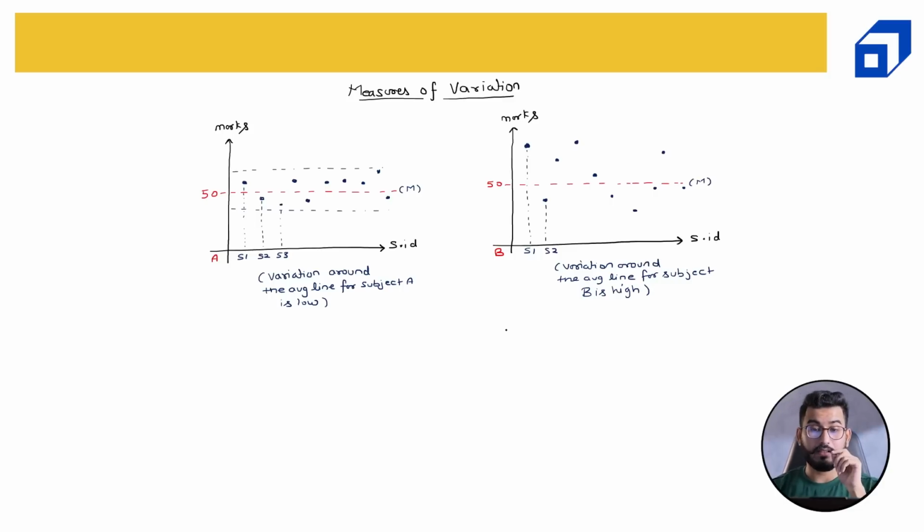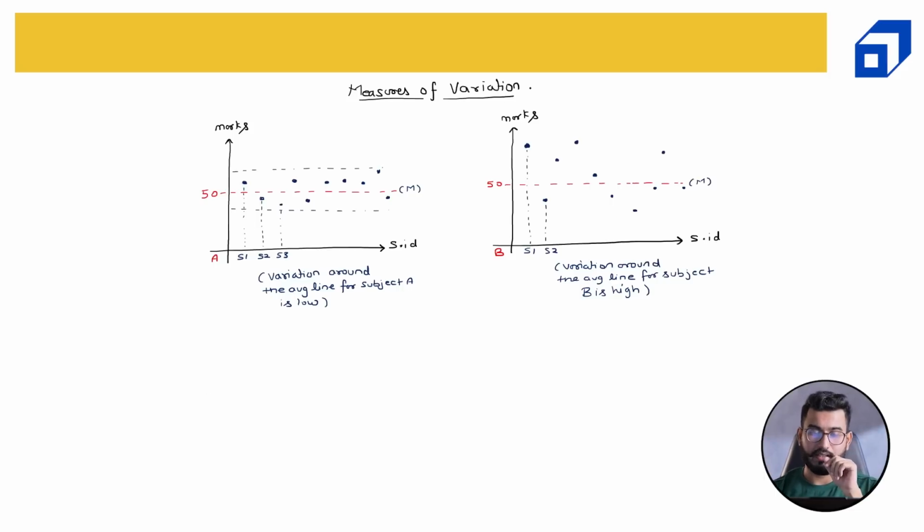Now the measures of variation try to quantify this. How can I say this is low and how can I say this is high? We need a number, right? We need some quantity that can describe this scatteredness, this variation.